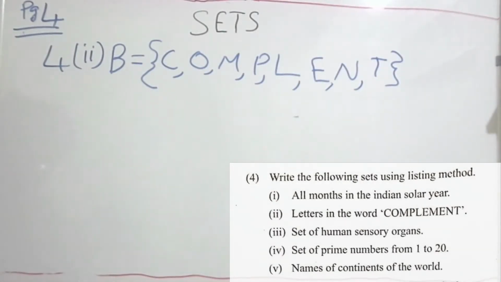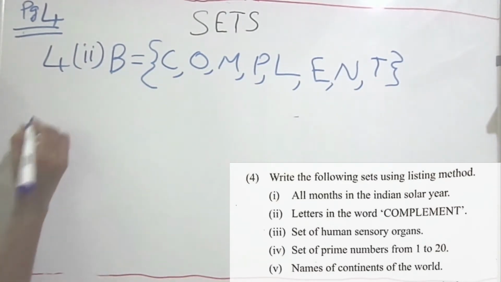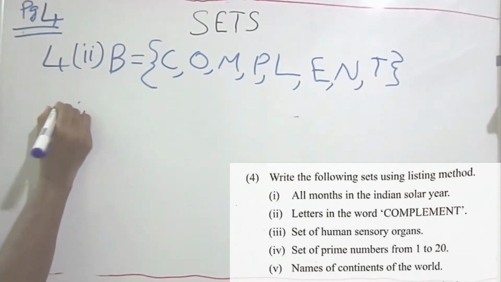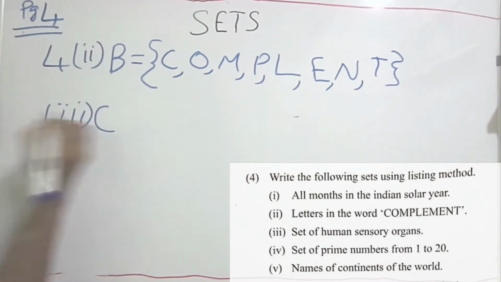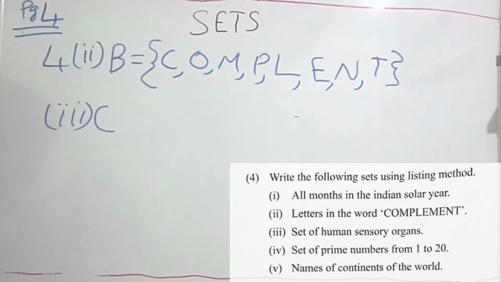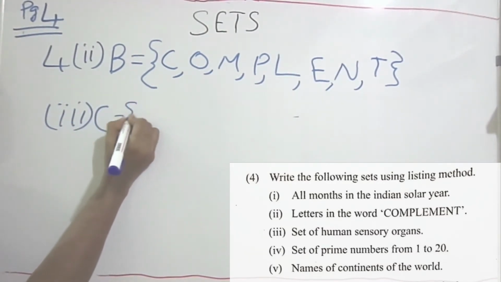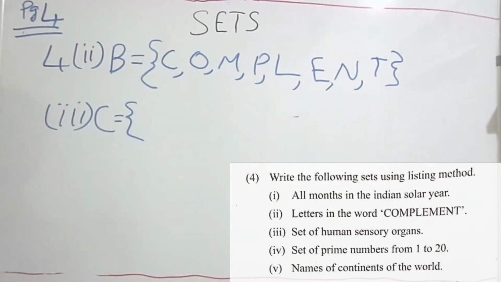The next sum, third one: set of human sensory organs. Give a name to the set first. Which are your sensory organs? You know your sensory organs: nose, ears, eyes, tongue, skin. 5 sensory organs. You have studied this in science.